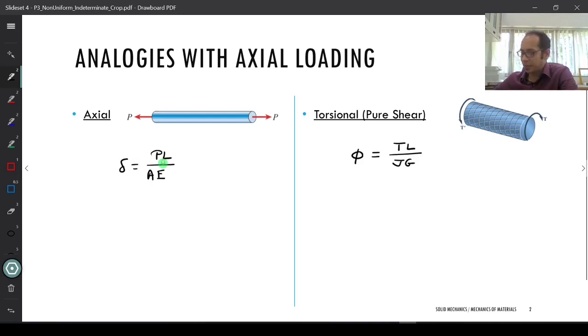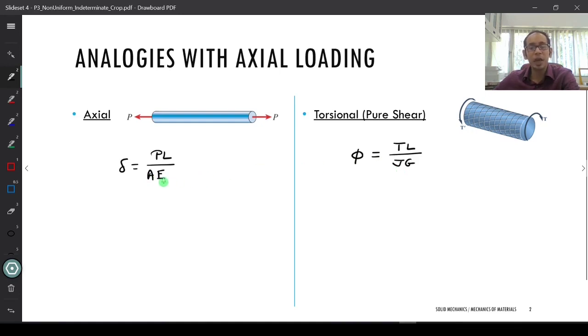Then coming to the right hand side, here you have P, which is the applied force, and here you have T, which is the applied torque. Both of these formulas depend upon the length of the member L. Now let's come to the denominator. Here you have A, the area of cross section, and here you have J, the polar moment of inertia.